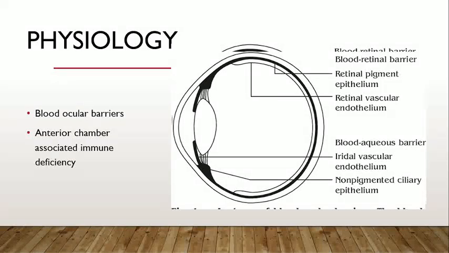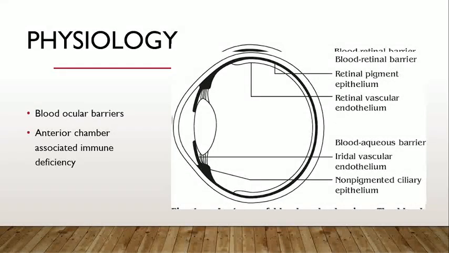And we have these blood ocular barriers to make the eye transparent. If you have blood coming through, then you won't be able to see anything. So there are blood retinal barriers and blood aqueous barriers. For the blood retinal barrier, you have the retinal pigment epithelium, which is the deepest layer of the retina, which doesn't allow the blood to come through from the choroidal tissue, part of the uveal tissue behind, which is highly vascularized.